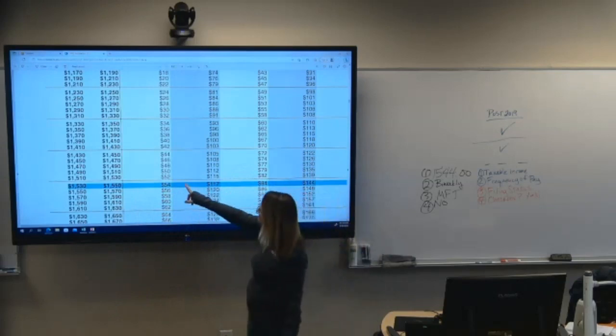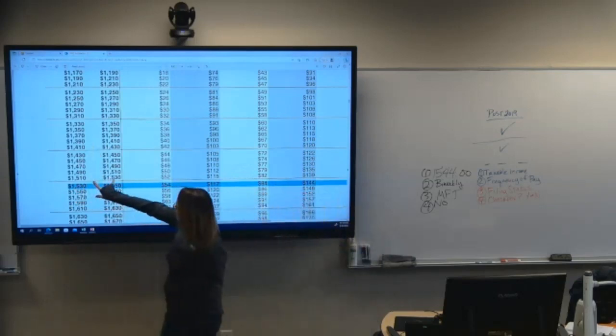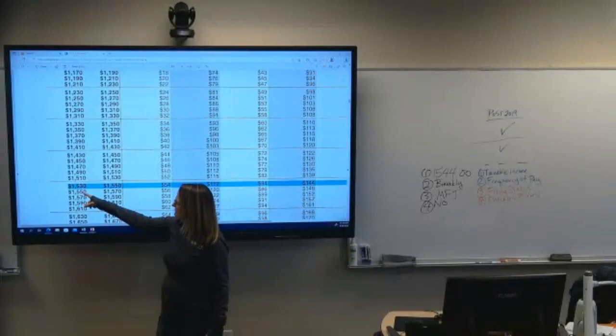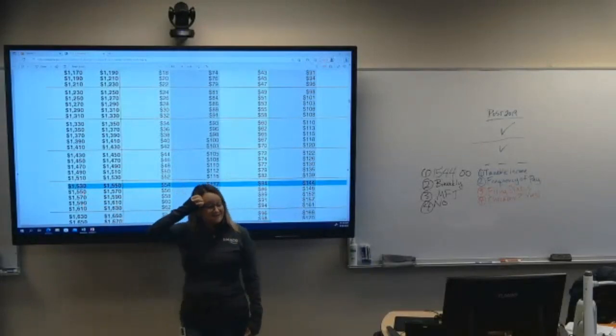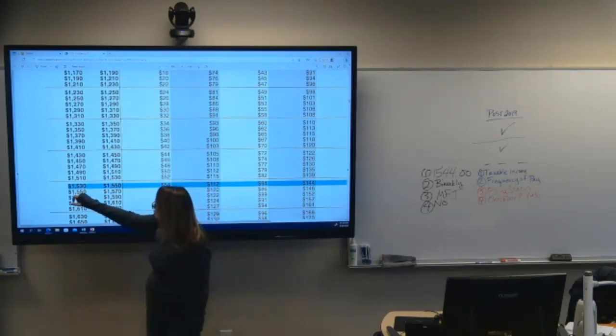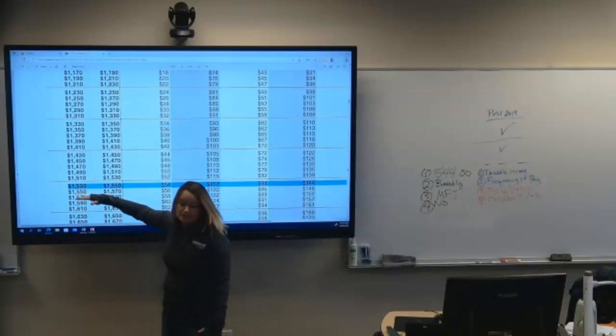You'll also notice in this range we go 1530 to 1550, and then we start with 1550 on the next row. Well, what if their income is exactly 1550? The rule is you use the second row down, the last row.